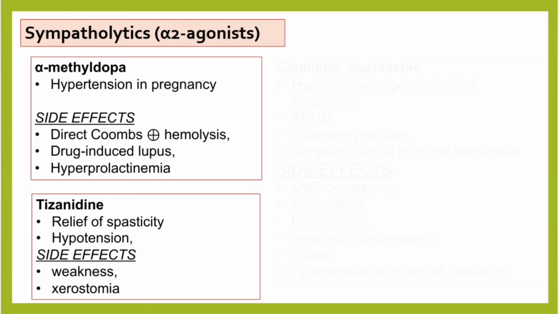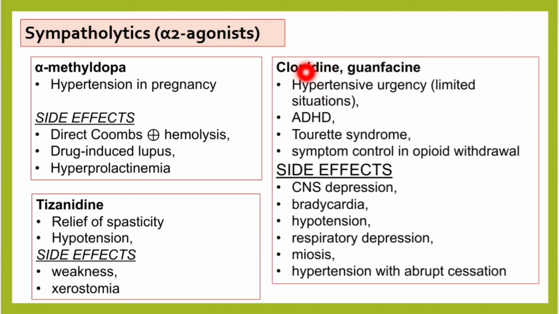The most important drug in this group, alpha-2 agonists, that I want you to remember is clonidine. Clonidine has a lipophilic ring which allows it to cross the blood-brain barrier. This drug is used in hypertensive emergency, in attention deficit hyperactivity disorder, ADHD, Tourette syndrome, and as symptomatic control in opioid withdrawal.